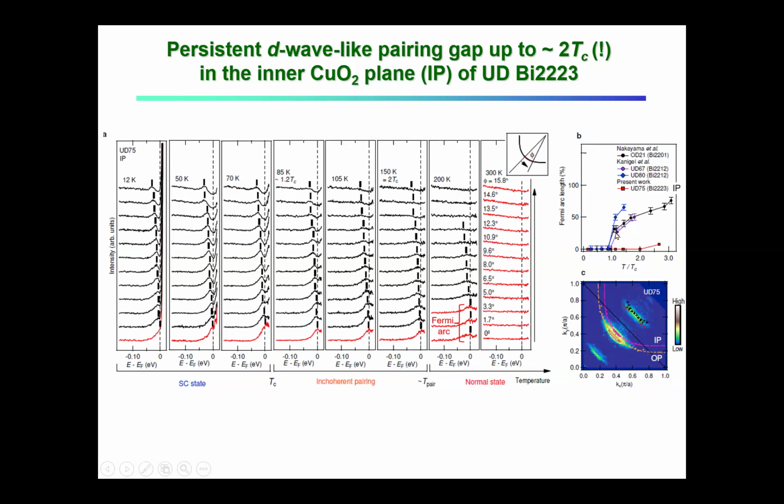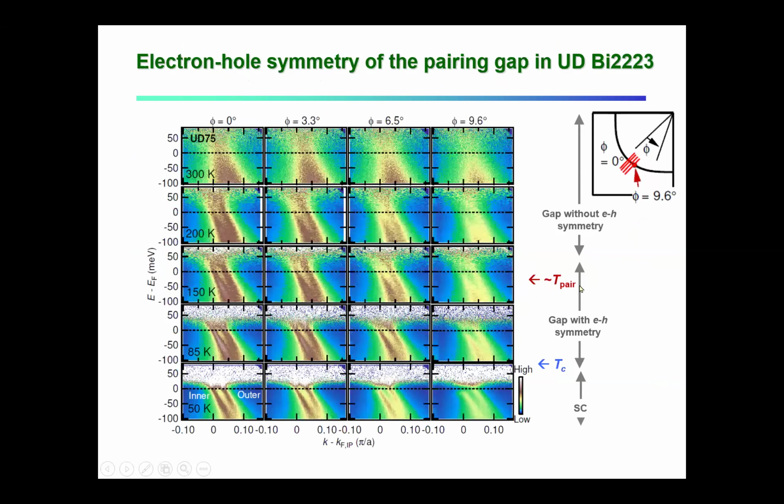Like most other cuprates, which show a Fermi arc that suddenly appears above TC, but in this inner plane of the underdoped cuprates, the Fermi arc length remains very, very tiny until we reach twice the temperature of TC.